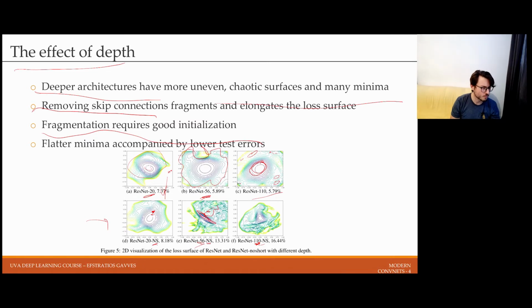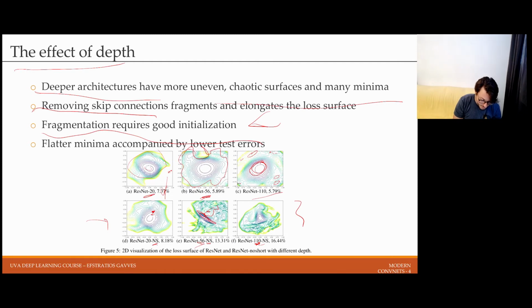It is reasonably easy to have this by making sure that we initialize our random weights to be orthogonal matrices, and that's relatively easy for fully connected layers, but for convolutional layers it's more complicated. Generally, a good initialization is very important without skip connections.